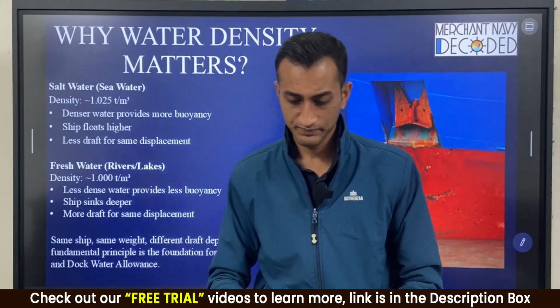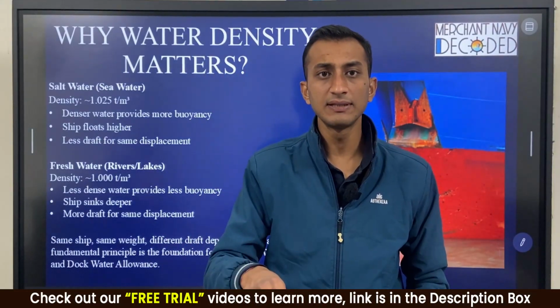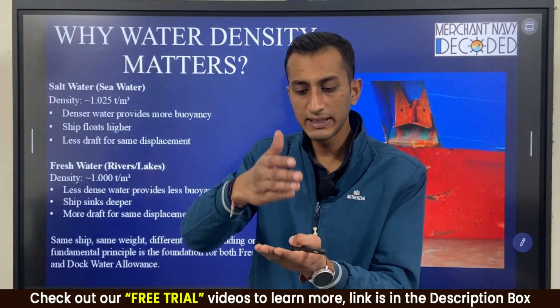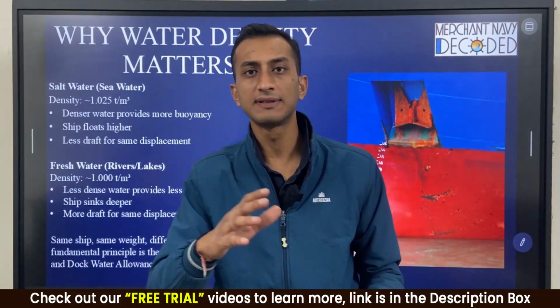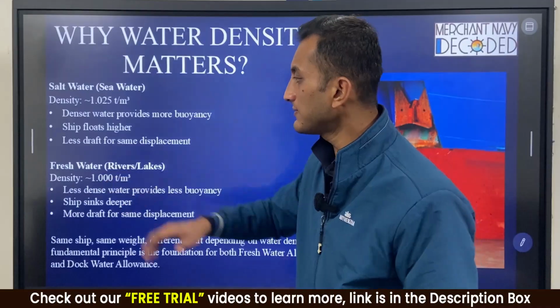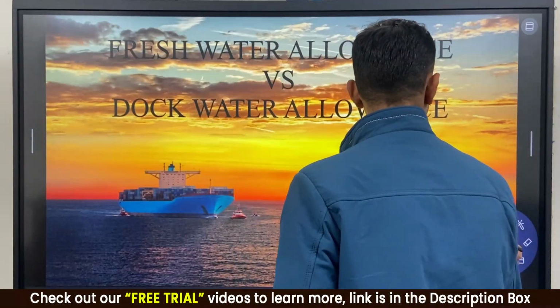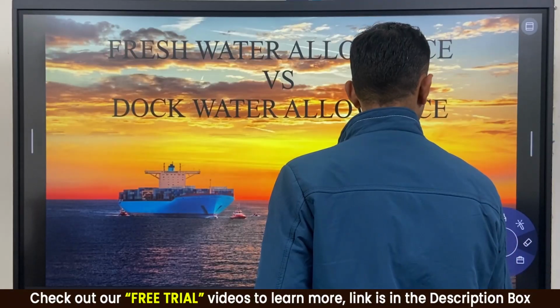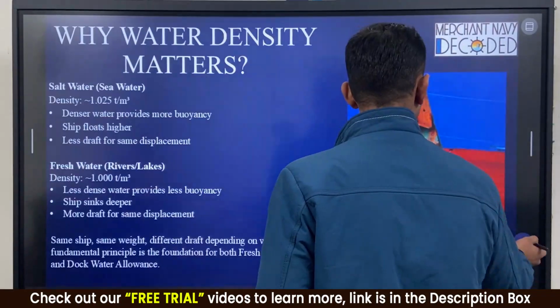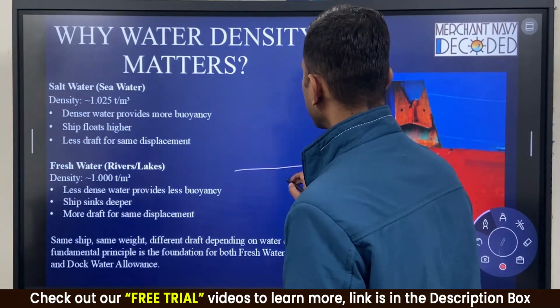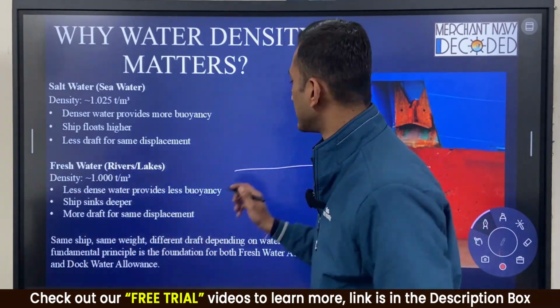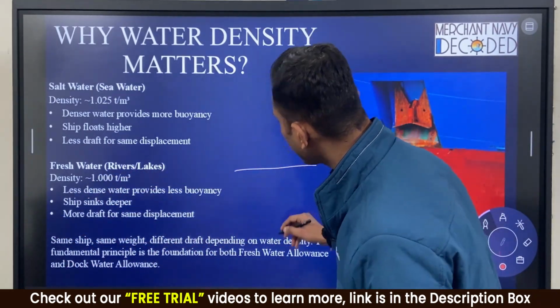But with the one with pebbles, the chances of it going deeper is less because it has got pebbles. Likewise, with the fresh water, it's like crystal. With the fresh water, it is crystal clear. So since there is not much obstruction, the ship will sink deeper in this case.